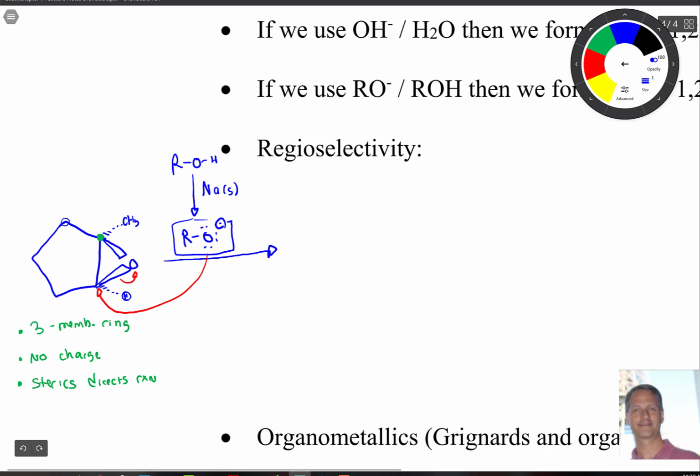Now what we're going to get there, let's see if we can draw this out. So get your ring in there. So that carbon that's dotted green is here, and it's still going to have a CH3 pointing back, and now that oxygen is going to be pointing forward with a minus charge.